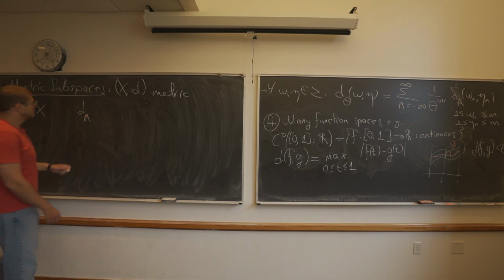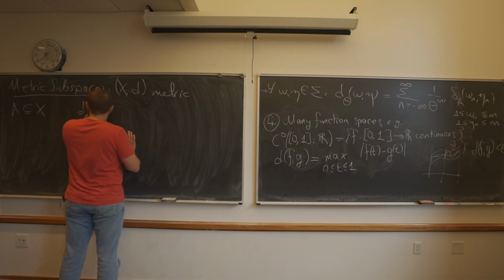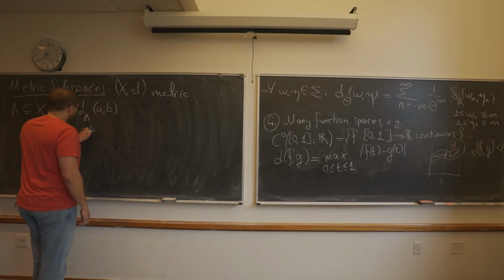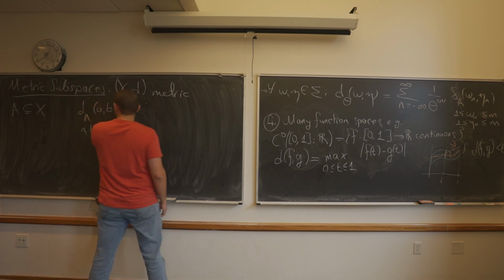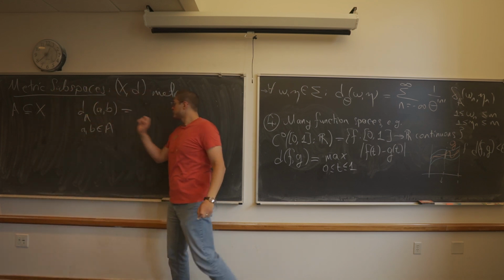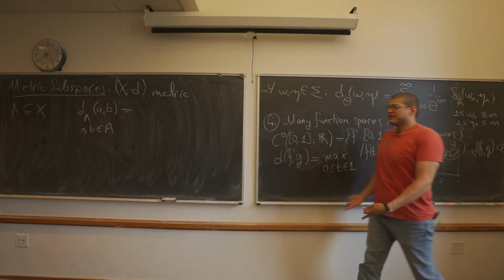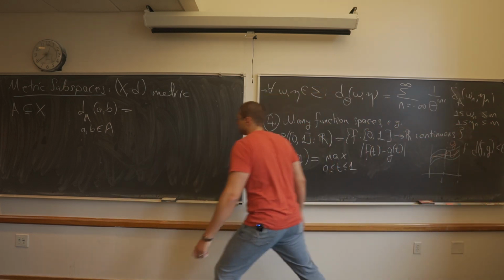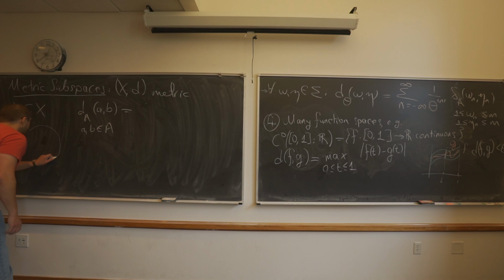Well, if I were to take 2 points in A, what is this distance? Well, if I take 2 points in A, they are also in X. That's what it means for A to be inside X. Okay, so if this is my X, I'm saying, I can do this.